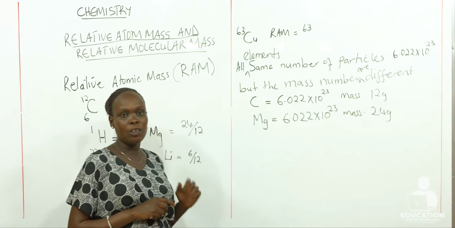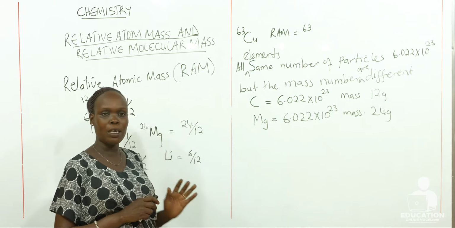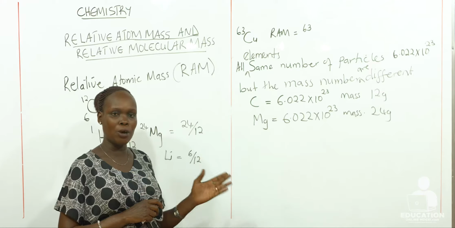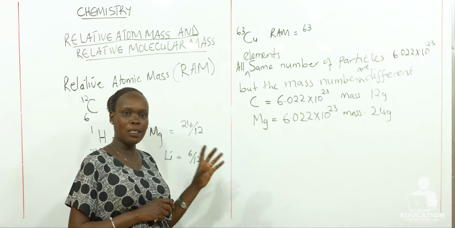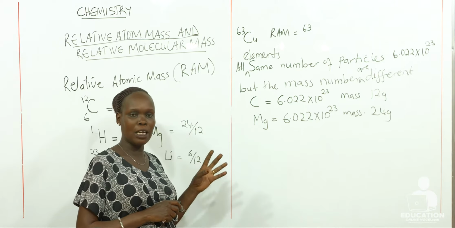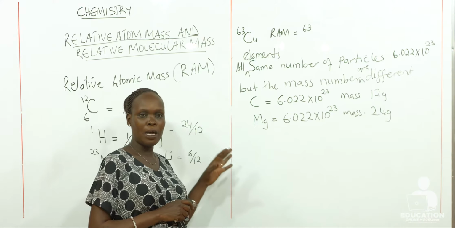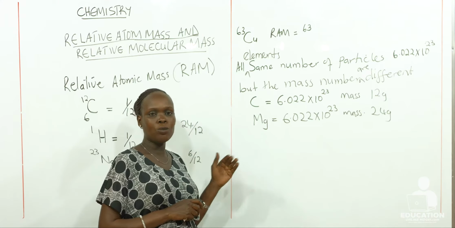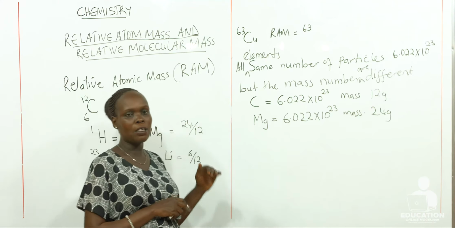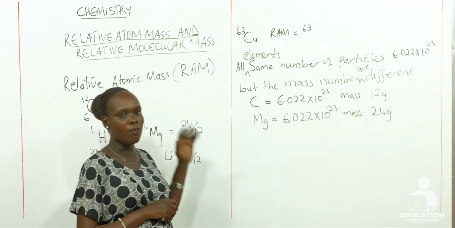So all the masses are different. That is why, although we relate it to carbon, carbon is just the reference number, taken for comparing the mass numbers of each atom to the one of carbon, so that we see which element is heavier than carbon.